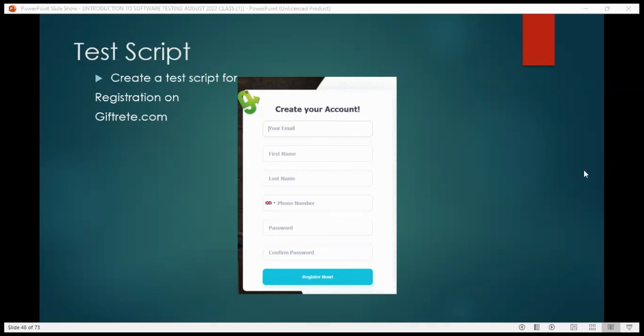If I tell you that login has different phases, you can go to the internet and search for login testing scenario. Do your search, and you get a particular template for how to write it. You get some steps that will come up.